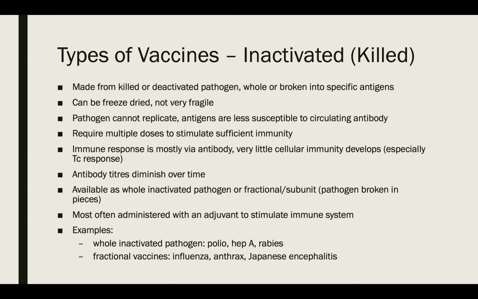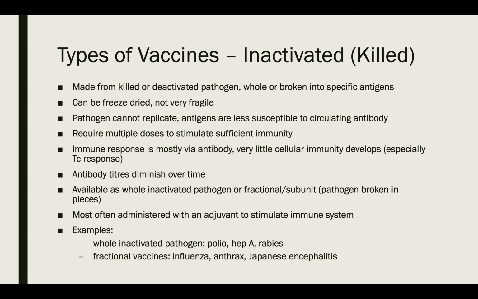And they're available as whole inactivated pathogen or fractional or subunit, so the pathogen being broken down into specific antigens. And they're most often administered with an adjuvant, so something that's added to stimulate the immune system. They will not stimulate the immune system enough on their own.